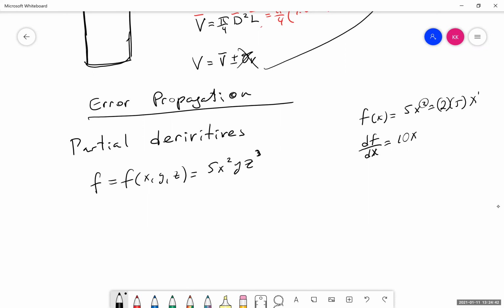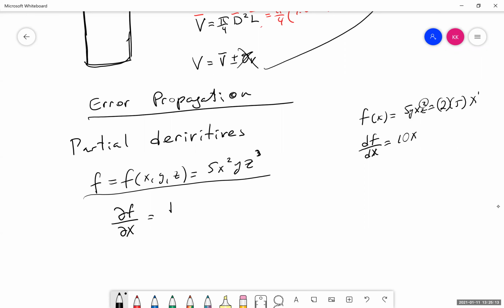But what if you have f of x equal to 5 times x squared, y, z, and things like that? What do we do then? Well, it's relatively straightforward. Taking this function, if I'm taking the partial derivative of f with respect to, for example, just x, that means I am treating everything but x as a constant, and the only variable is x.